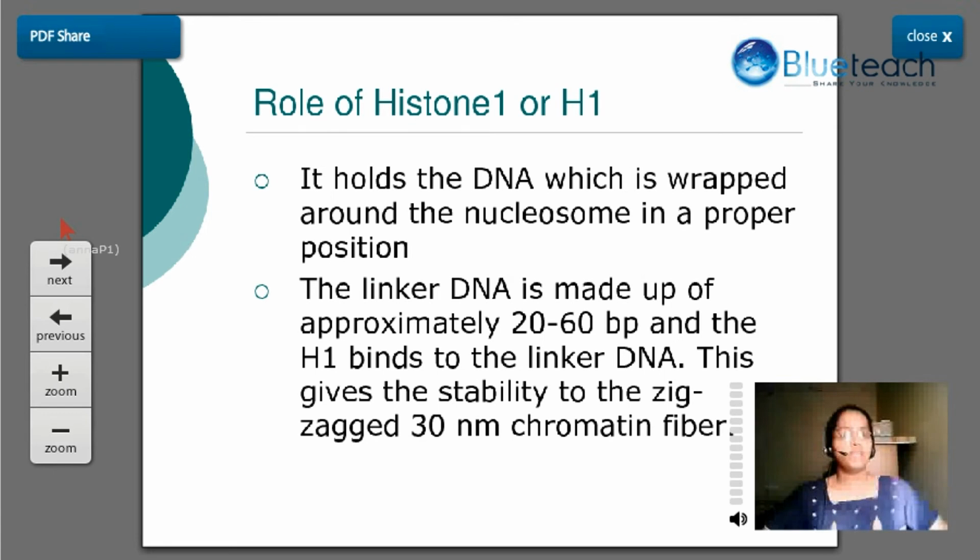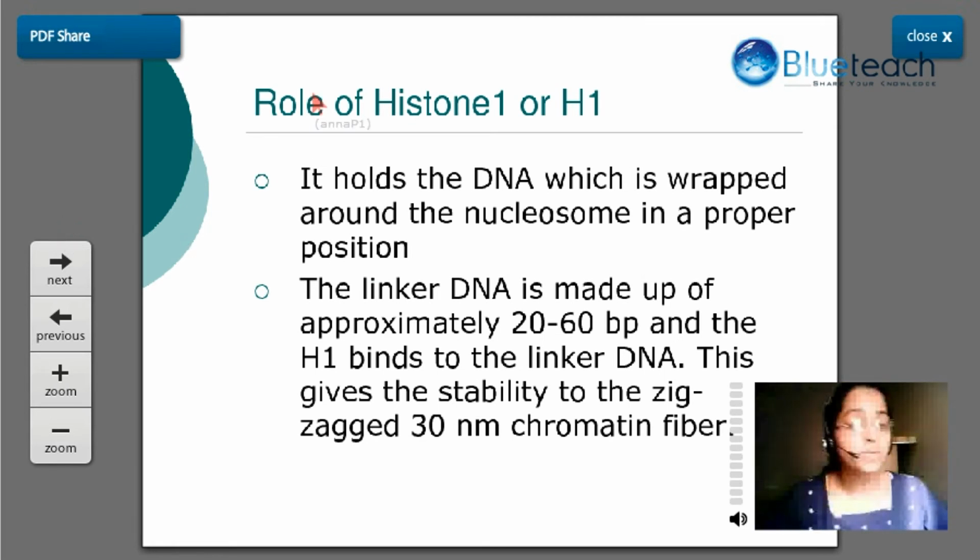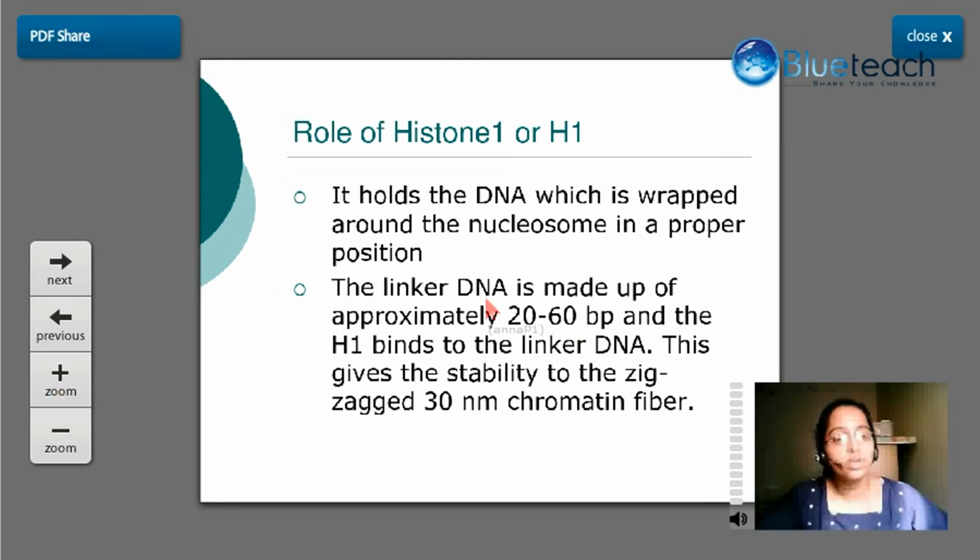Now moving to the next level of organization, at this stage I'll be discussing the linker histone or histone 1. It holds the DNA which is wrapped around the nucleosome in the proper position. So when the DNA wraps around the nucleosome, it has to be held in the proper position, and that is done by histone 1. The linker DNA is made up of approximately 20 to 60 base pairs, and H1 binds to the linker DNA.